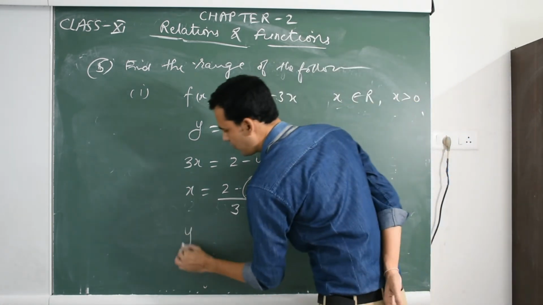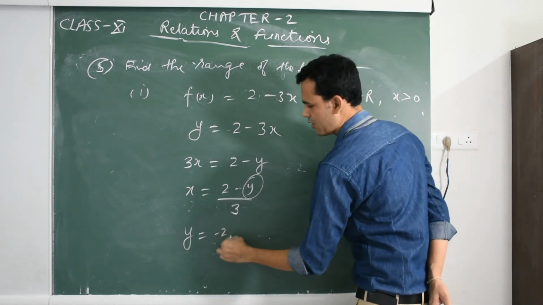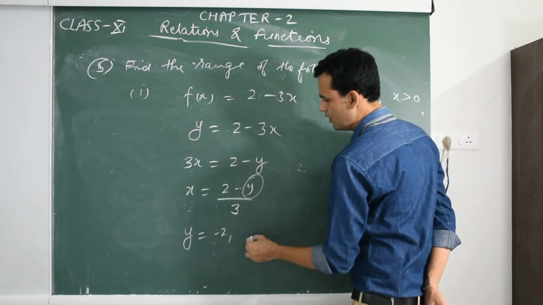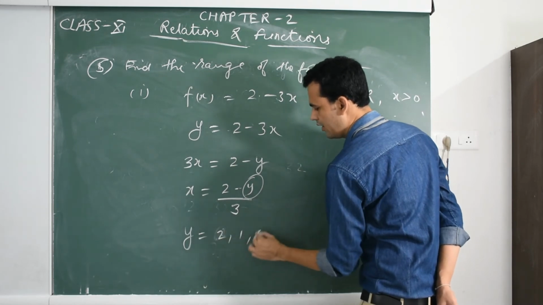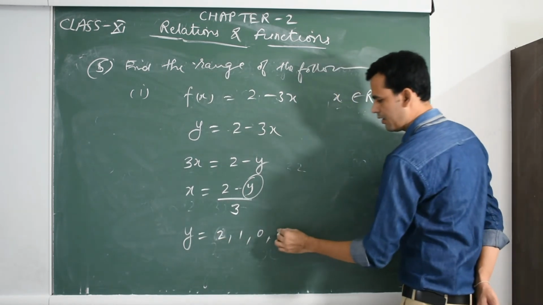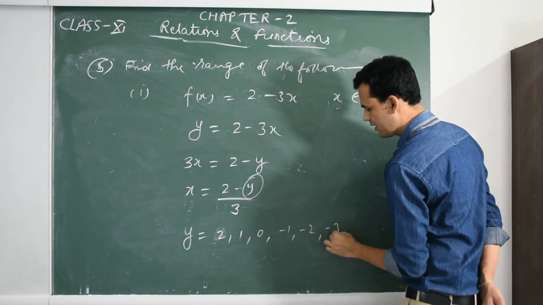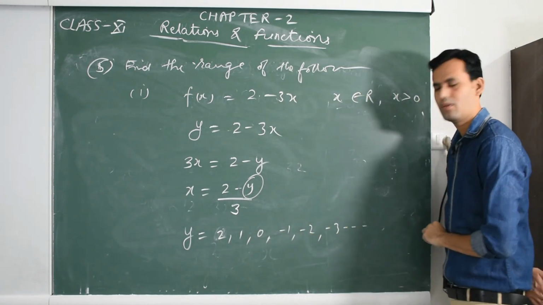So values of y are 2, 1, 0 and minus 1, minus 2, minus 3 and so on.